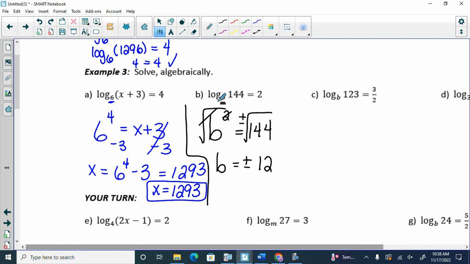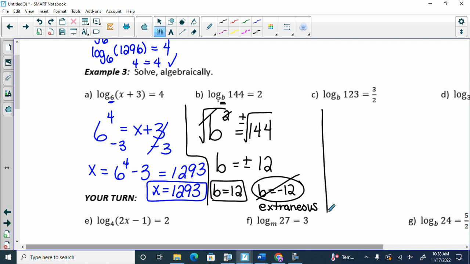So what we write is b equals 12, and we box that one. And we say b equals negative 12, we circle it, put a line through it, and say extraneous, because you can't have a negative base. And you would know that if you actually did the algebra for it.